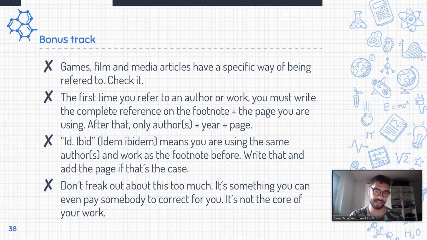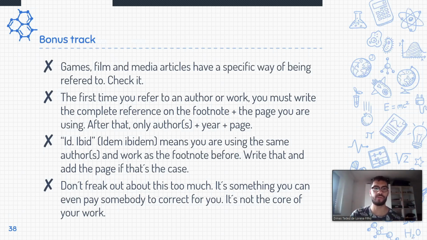The first time, and this is also the CGL system, that you refer to an author or work in your essay, you must put the complete reference in a footnote. And this is really CGL or TEHA stuff. This is not common in the other systems, and I think this is the main difference. So especially for people who might work in the future with other systems, remember to always do that.